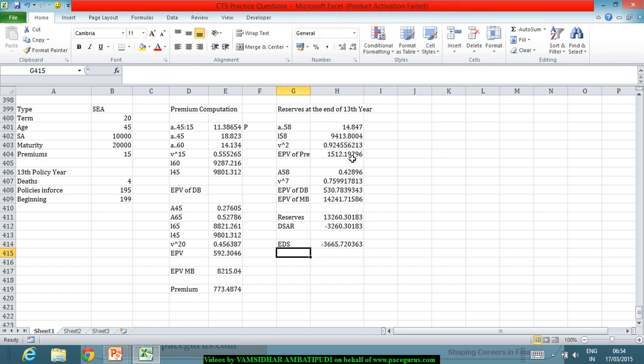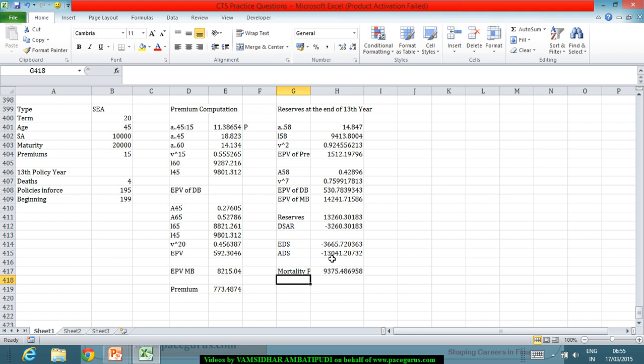I'll take it as 0.00565. So the expected death strain is going to be somewhere around this, whereas for the actual death strain, there are 4 deaths. For each policy this is the death strain, and actually there are 4 deaths, which means the actual death strain is this much. From here I can compute the mortality profit, which is the expected death strain minus the actual death strain, giving a profit of 9,375 bucks.